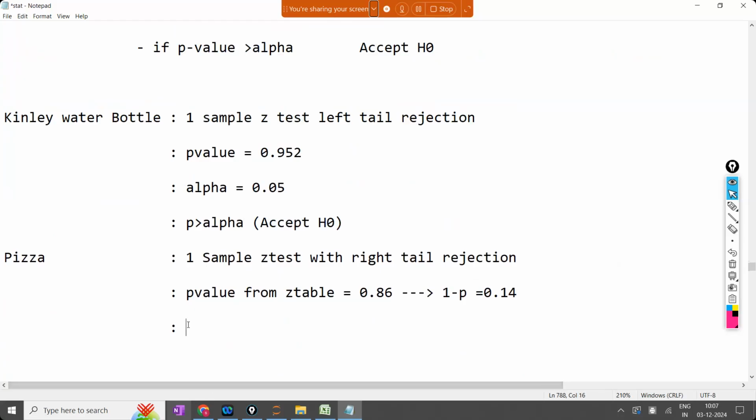But when you come to right tail test, you have to check for 1 minus P. 1 minus P is greater than alpha. So since 1 minus P is greater than alpha, we have to accept the null hypothesis.